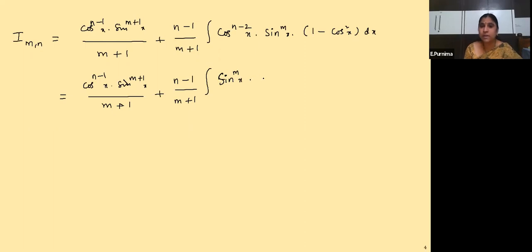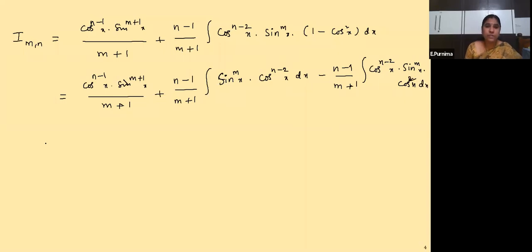First sin term is there: sin^m x · cos^(n-2)x dx. Now plus into minus is minus. This (n-1)/(m+1) is common for the second integral also, which is cos^(n-2)x · sin^m x · cos²x dx.